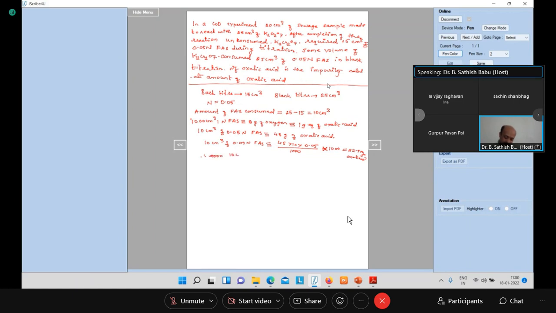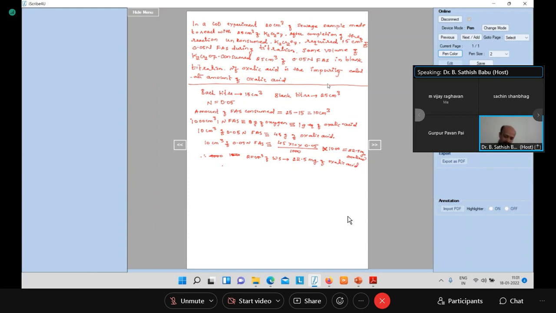Sorry, 20 cm cube. 20 cm cube of wastewater contains 22.5 mg of oxalic acid.